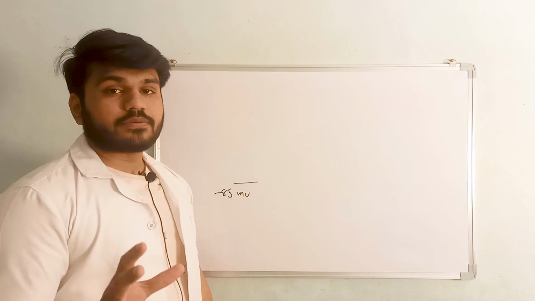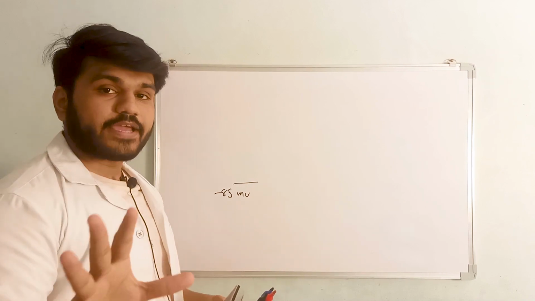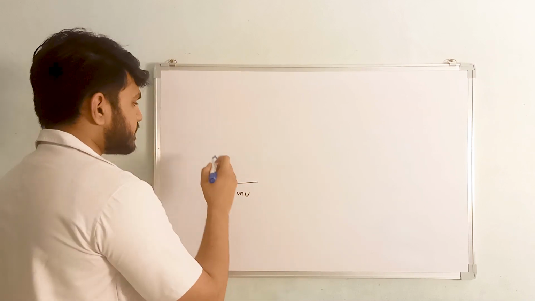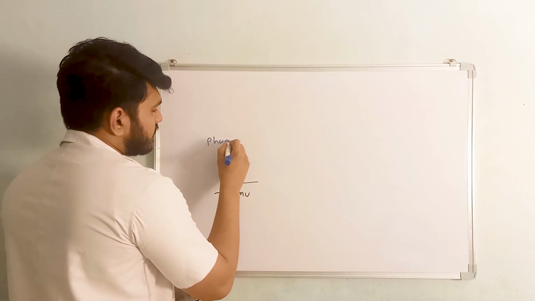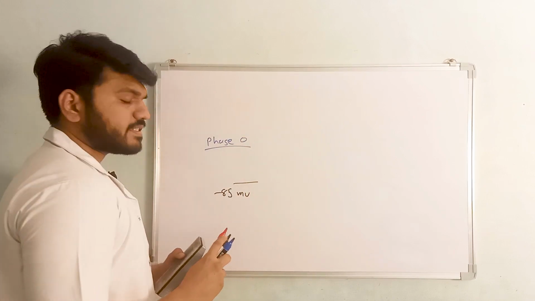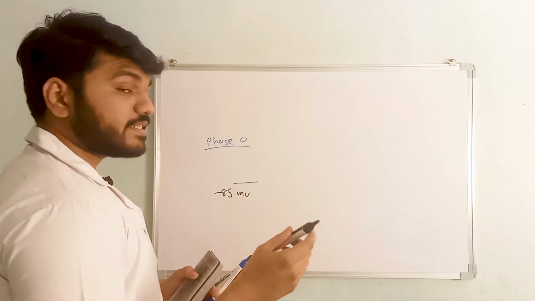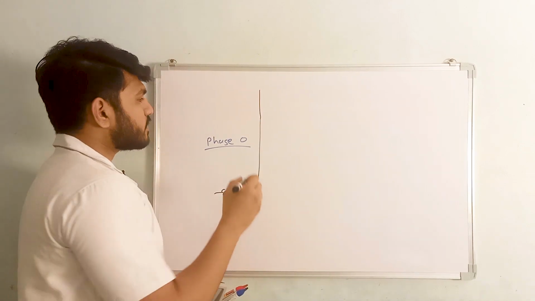So this myocyte action potential is divided into 5 phases. Starting from phase 0, in which there is an influx of sodium inside the cell. It will go beyond the 0 point.